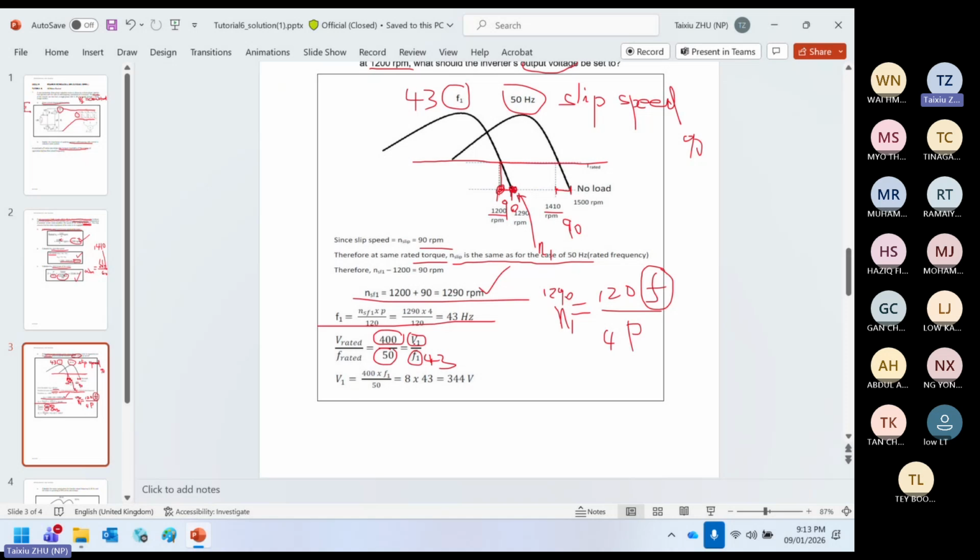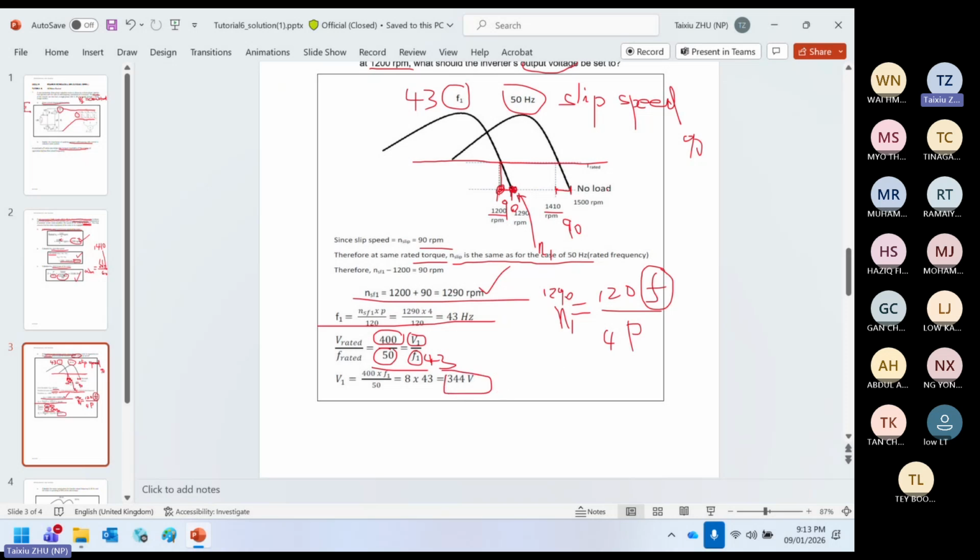Okay, then we do a cross times. Now look, when you run the motor at constant rated condition, you get the constant ratio. Then for the new operation F1, the ratio should be the same. That's why we can equate them. From here, you do a cross times, then you can find 344 line voltage.